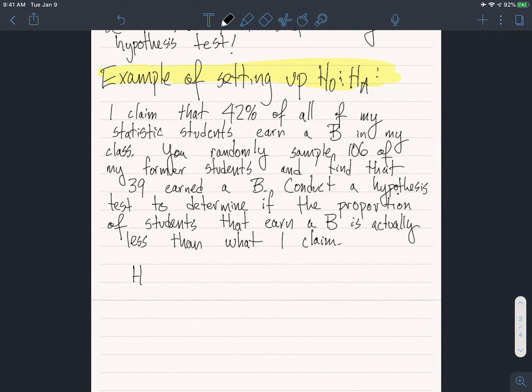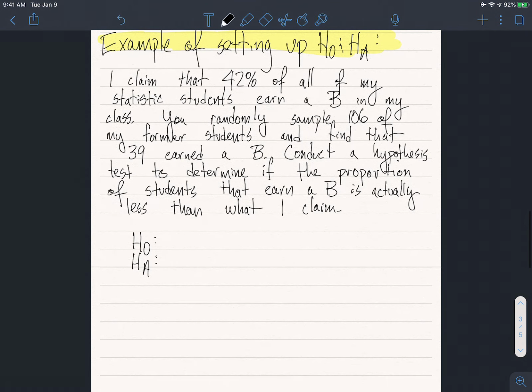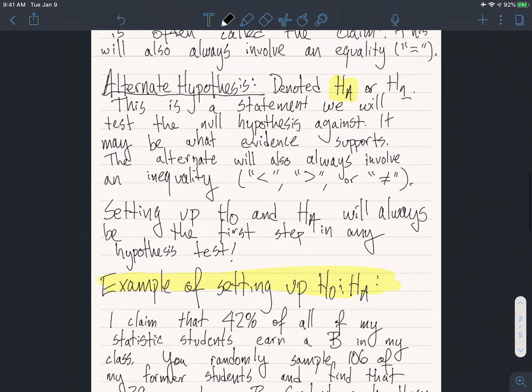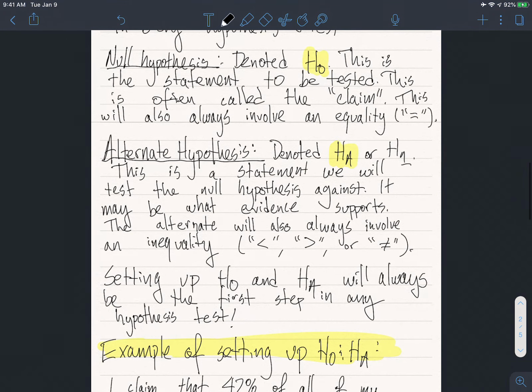So H0 and HA. And we use colons because H0 and HA are statements, right? So H0. What is the statement that I am making that we will use as the null hypothesis? Now I'm going to scroll back up. That null hypothesis, denoted H0, is the statement to be tested. This is often called the claim. And this will also always involve an equality.